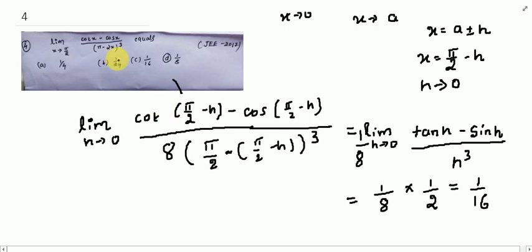Therefore the answer will be 1 by 16. Here I have made use of the previous problem, the result of (tan x minus sin x) divided by x cube. And the very important aspect is, whenever it is in the form x tends to a, we need to convert it to the x tends to 0 form.